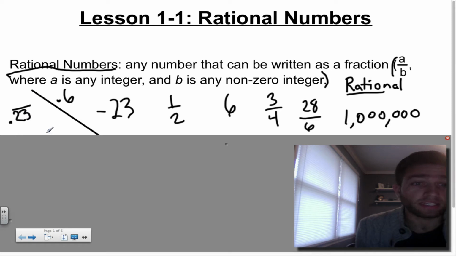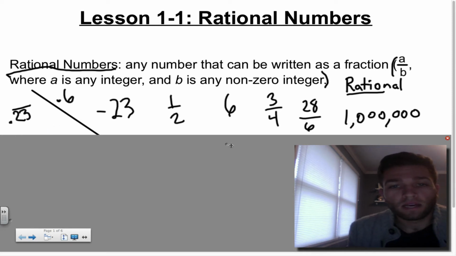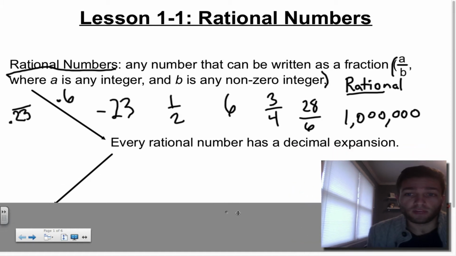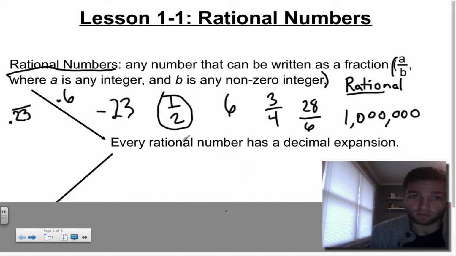0.23 repeating, okay? Now, one important thing to remember is if you can write it as a fraction, then you can write it as a decimal. For example, I'll take 1/2 because it's a very simple one to work with, and all of us are very familiar. It's a benchmark. Half you can write as a decimal of 5/10 or 0.5, all right?